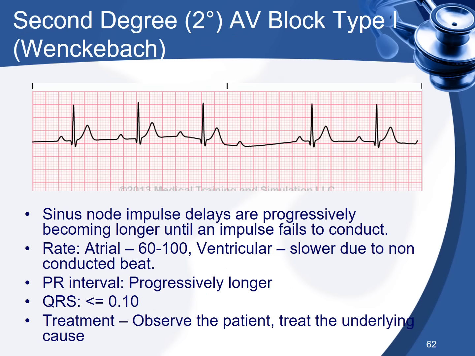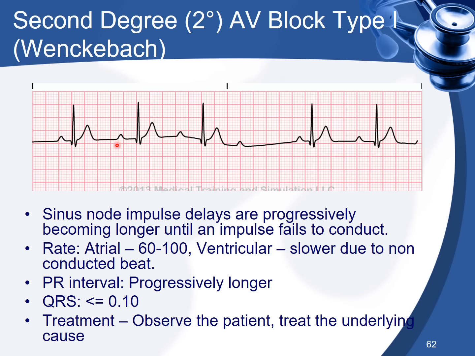Next rhythm we're going to look at is second degree AV block type 1 or Wenckebach. With Wenckebach, what you're going to notice is that you are going to have some normal looking beats. This is still generated from the SA node. However, our communication problem, our block, is getting worse. So you're going to see a normal PR interval here.